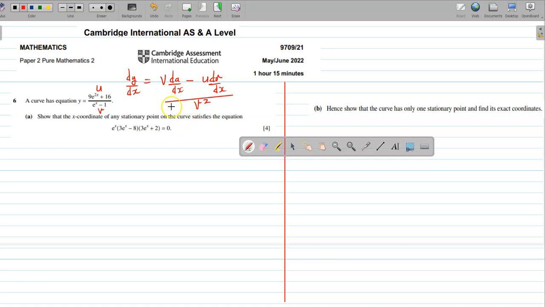So by the quotient rule, the gradient would be equal to this. So we're going to apply the quotient rule to this. Let's write it down here.